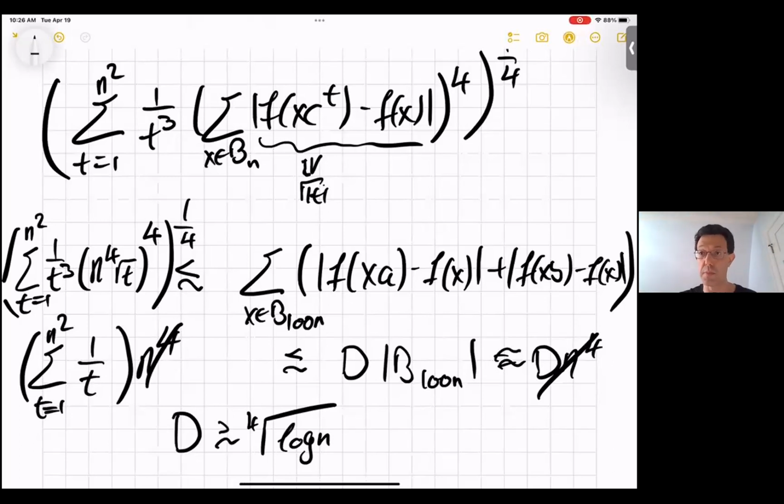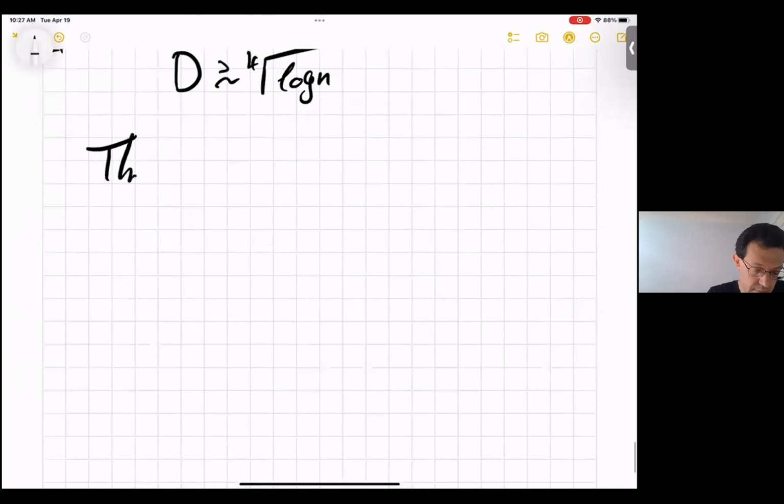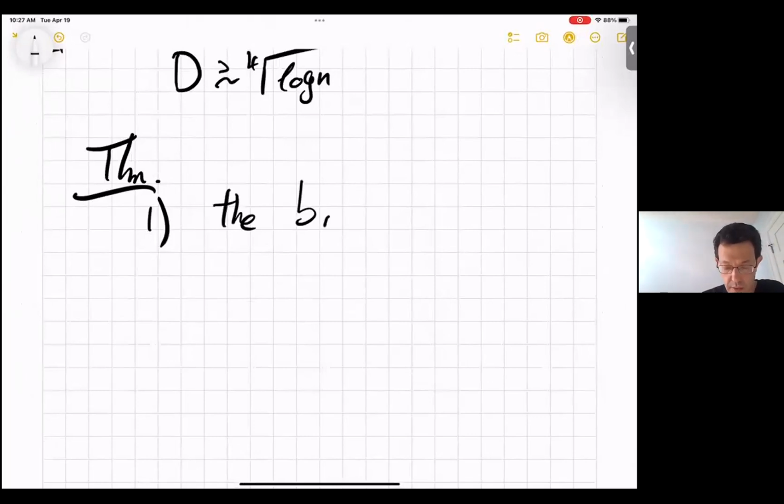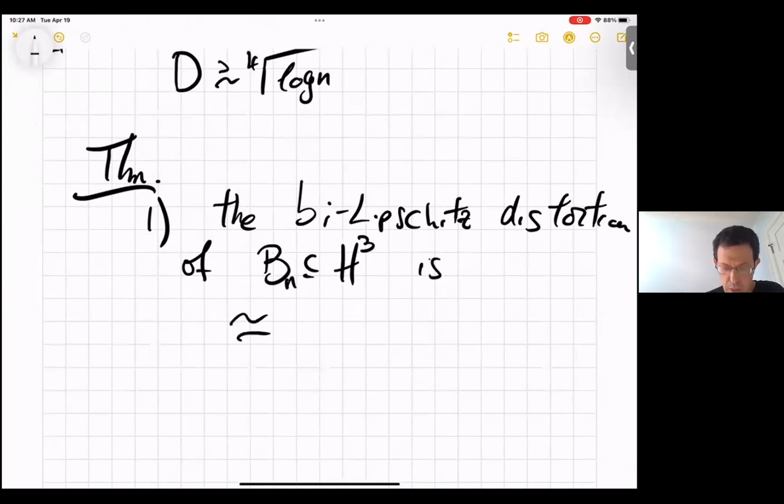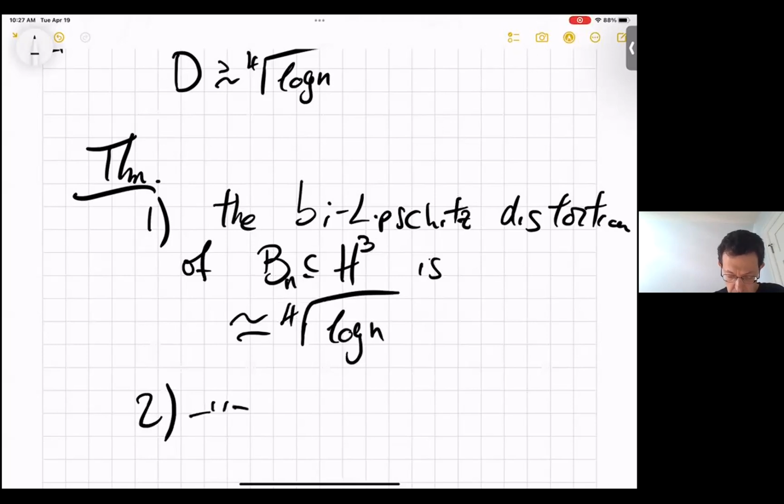And in the paper, we show that this is sharp. So we just built an embedding that does this. So the theorem, which is a corollary, is that the bi-Lipschitz distortion, the smallest possible D, of Bn in H3 is bounded above and below by universal constant multiples of the 4th root of log n, and the same thing for Bn in H5 and up.